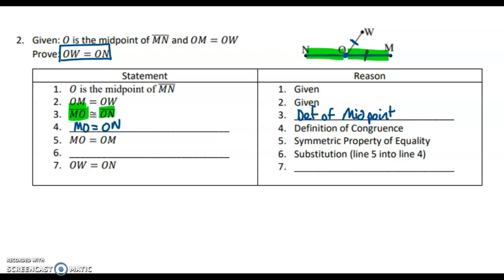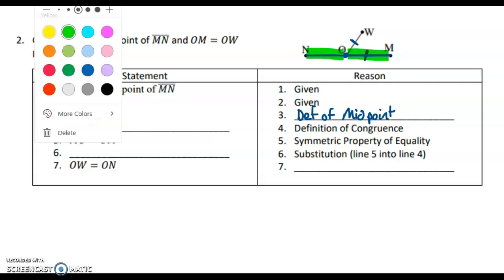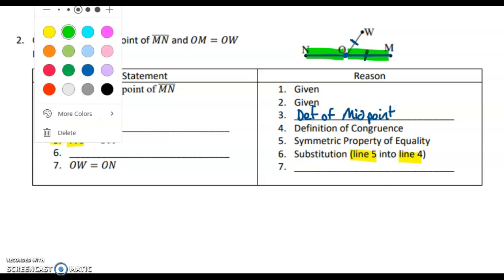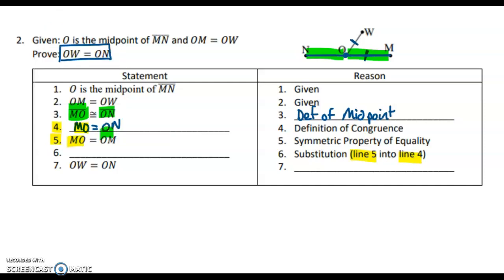Now on line 6, they said we're going to use substitution next, and they're doing line 5 into line 4. So let's see what they're talking about. They took something on line 5 and put it in line 4. Since line 5 and line 4 both have MO in common, I'd say that's what they're switching out. They're taking OM and saying that's the same as MO, and they're plugging it in right there for MO on line 4.